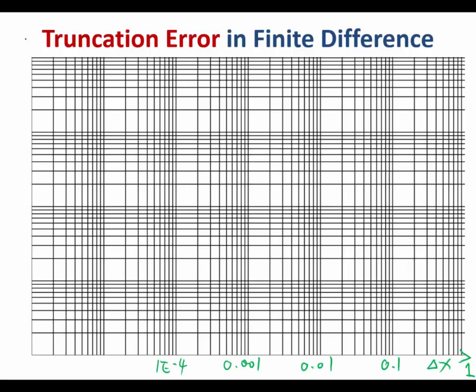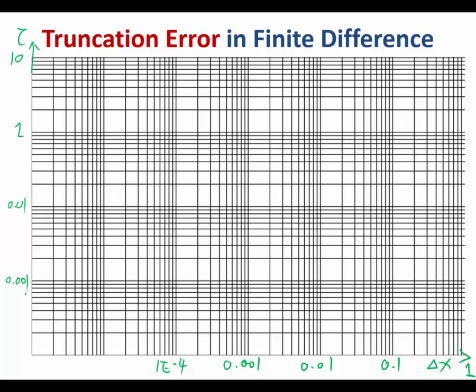And this is my truncation error. It may also go from like 10 to 1 to 0.01 to 0.001, something like this.